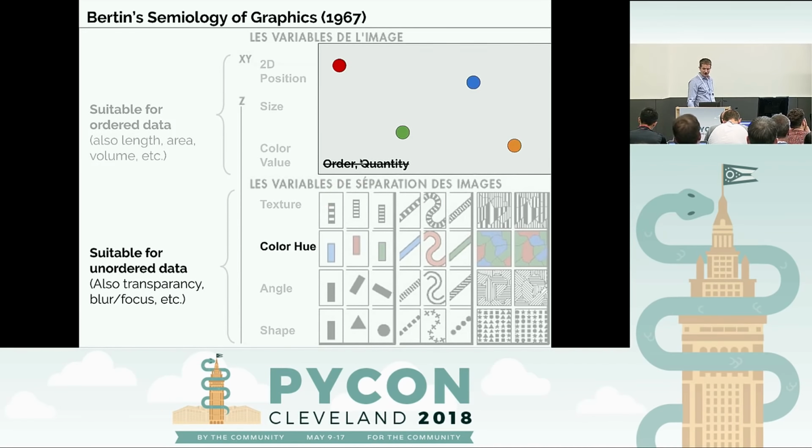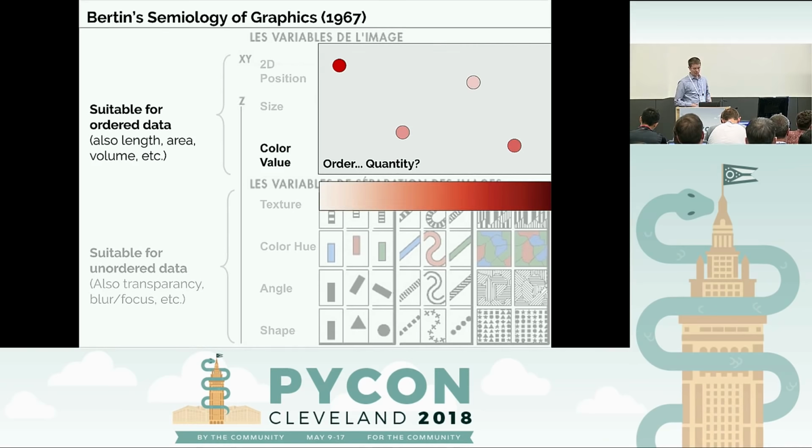Cool. And there are things that don't have a fundamental order to them, right? Like color hue. If you have blue versus red versus green versus yellow, this doesn't convey a sense of order to you, right? So it would be kind of silly to encode a quantitative value, something that's real valued, with color hue.